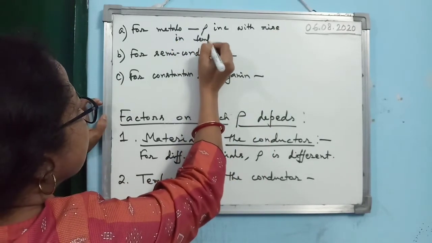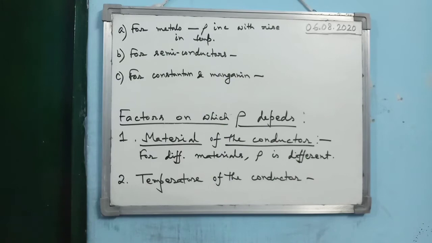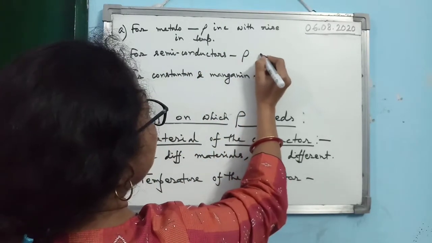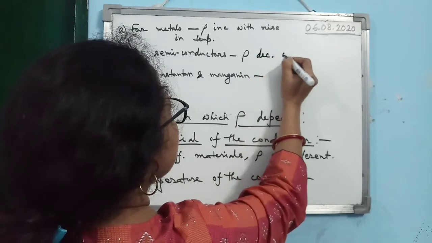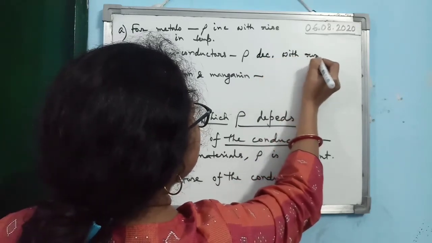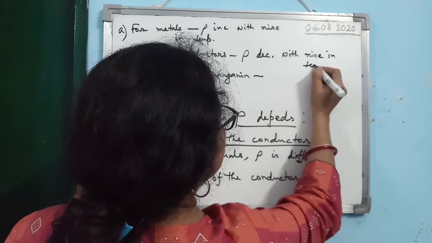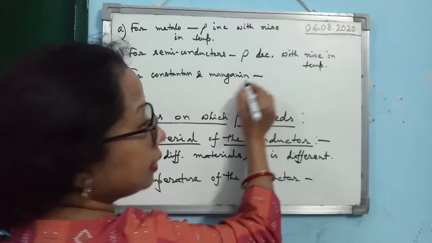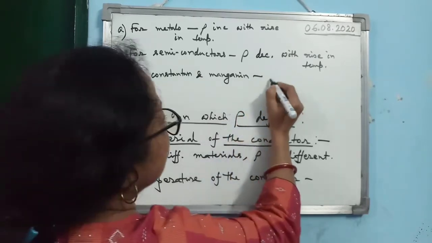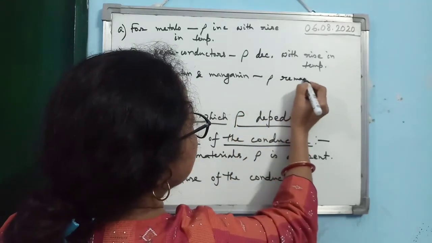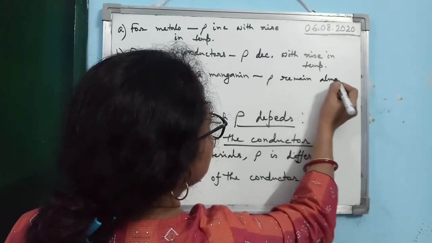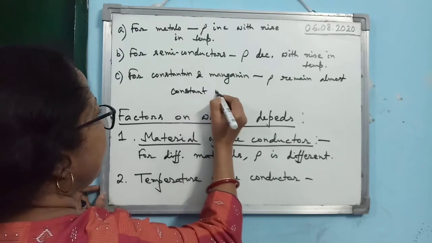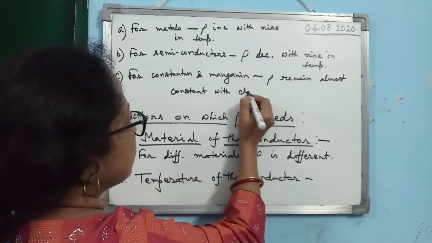If you increase the temperature, the specific resistance will increase. For semiconductors, remember that rho decreases with rising temperature. And for constantan and manganese, these are all alloys, rho remains almost constant with change in temperature.